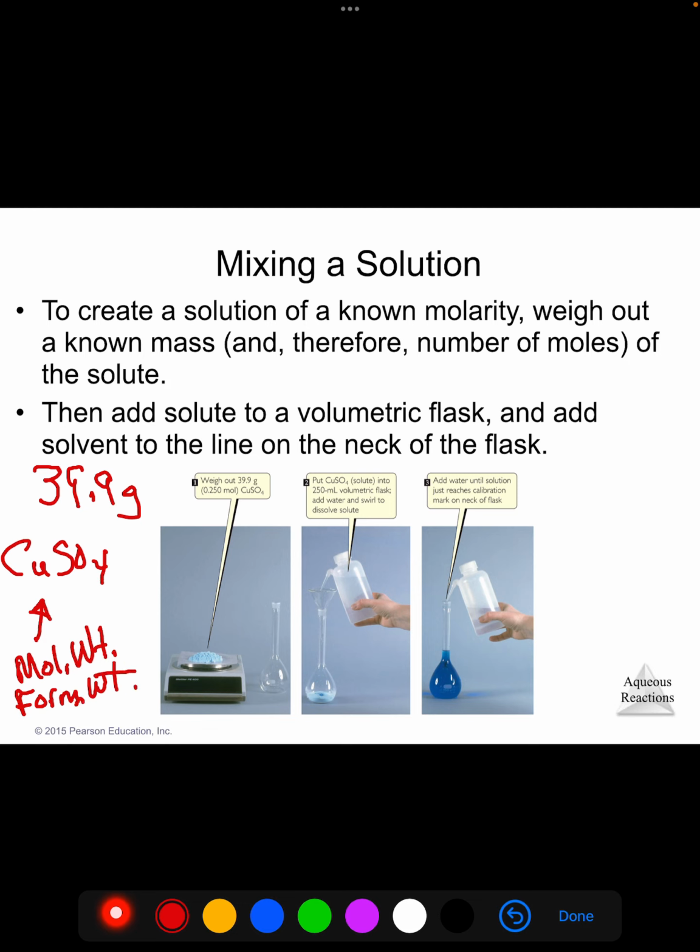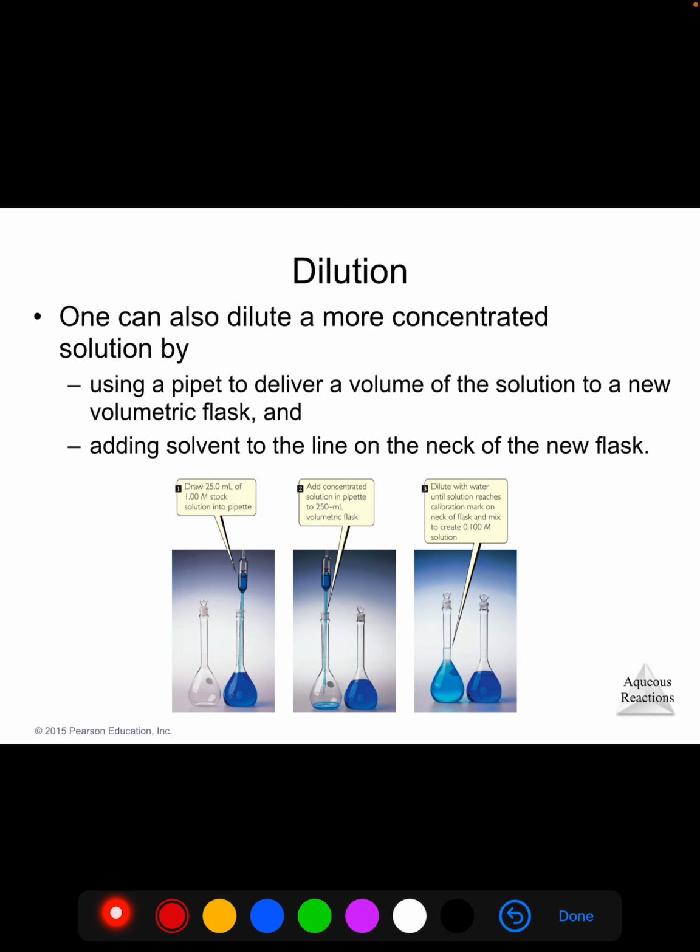Formula weight. And into a known volume of water, put some water in there, dissolve it completely, and then slowly bring it up to the line, wherever the line is. I guess it's down there. In these very accurate, and moderately expensive, by the way, volumetric flasks. So, that's how we make it in the lab.